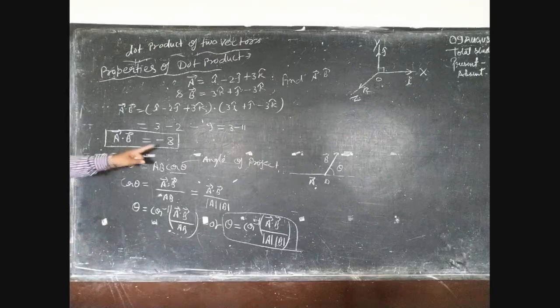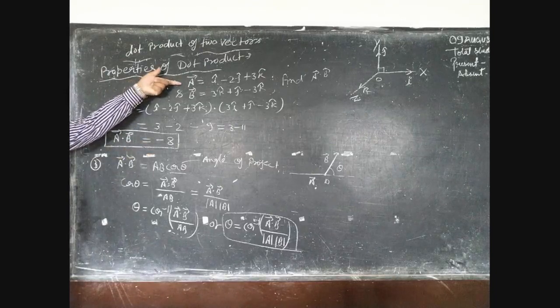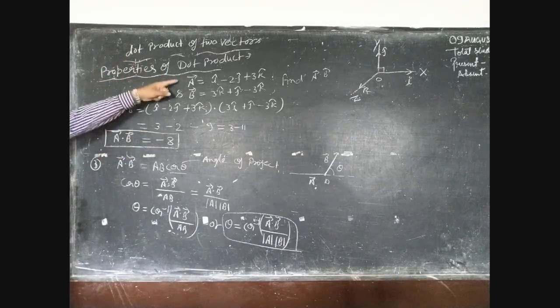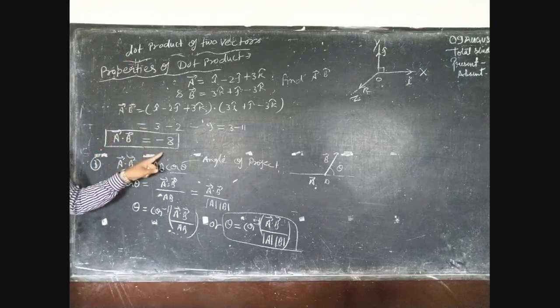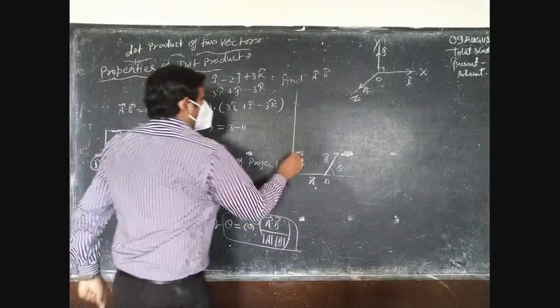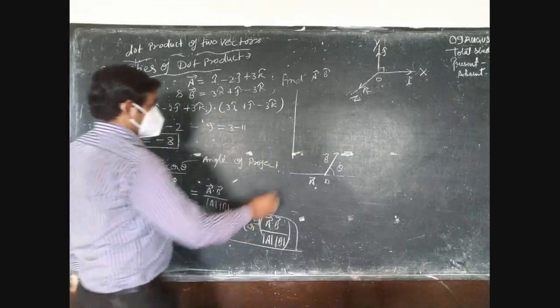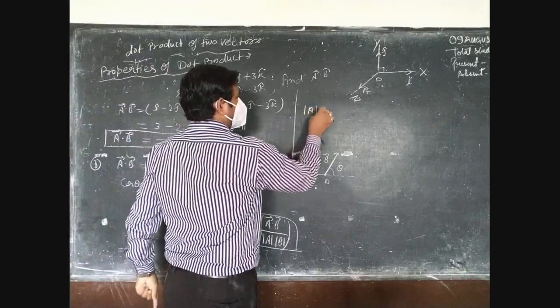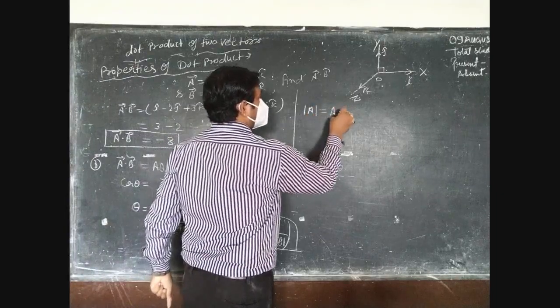Okay, now here we have the two vectors in the same example. We have already calculated the dot product. Now for the same vector, the modulus of vector A, or you can say A, is how much?